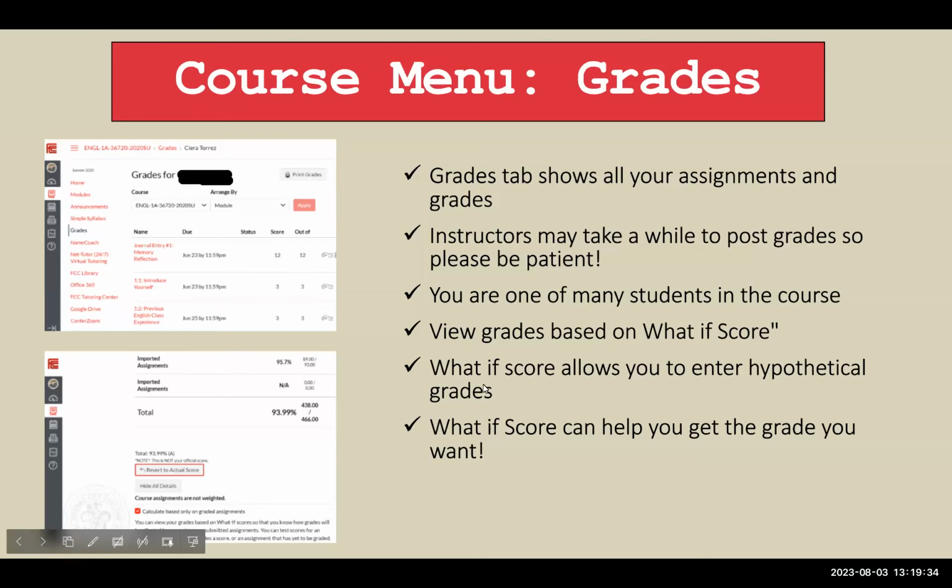What-if score allows you to enter a hypothetical grade. What-if score can help you get the grade you want. Like I mentioned, it's just predicting, giving you an idea what your overall grade would be based on the score you predict of getting.